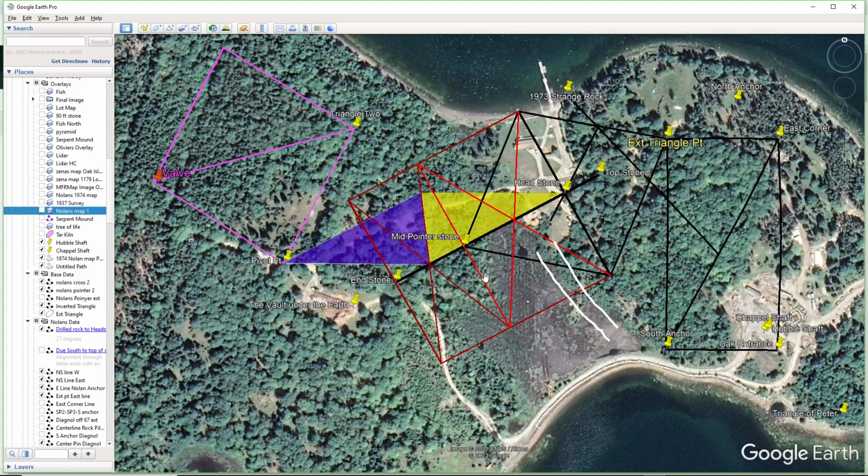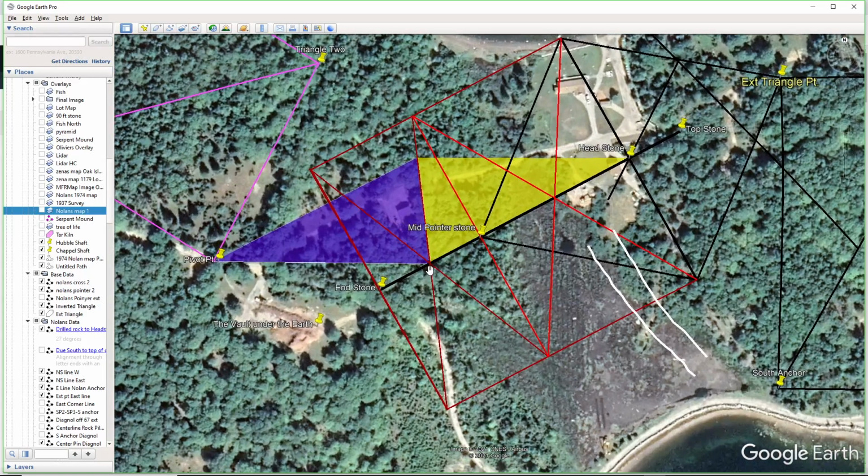So the measurement that needs to be extracted is from the headstone to this intersection point, which you derive by the midstone pointer, which is actually one of the main reasons why this rock is here.